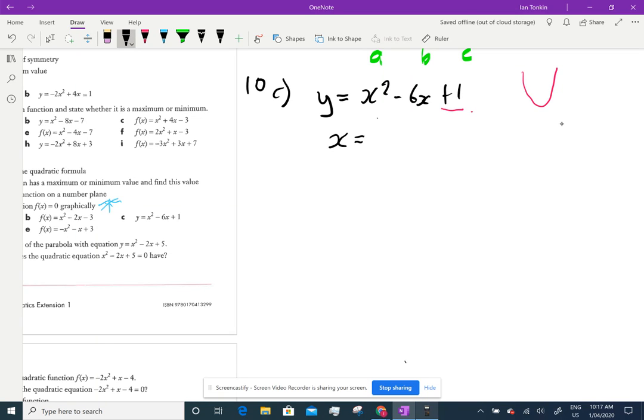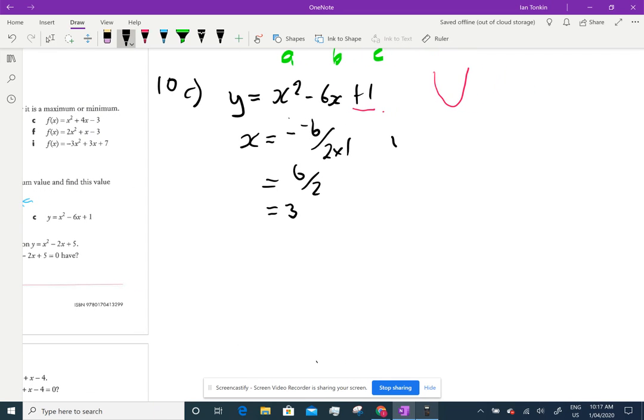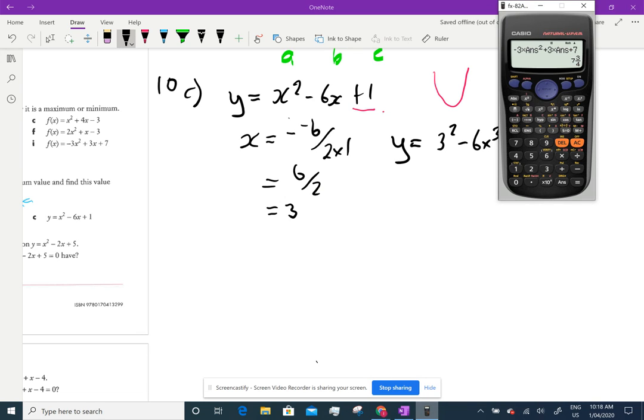X equals negative b, minus minus 6, on 2a, 2 times 1. So that gives me positive 6 on 2. The x value is 3. What's the y value? Well, the y value equals 3 squared minus 6 times 3 plus 1. Even though you can do that in your head, do it on your calculator. 3 squared minus 6 times 3 plus 1.